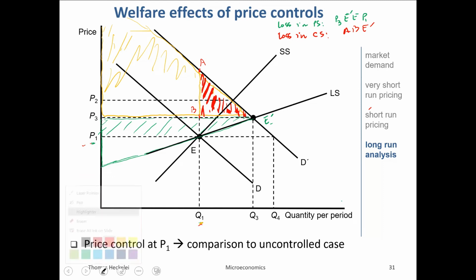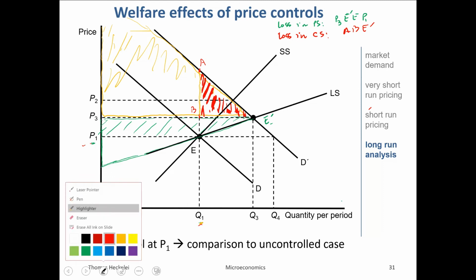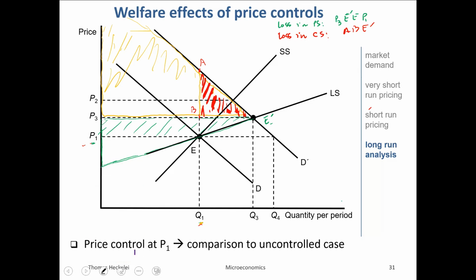Highlighter, and then let's change to this color. Okay. So this difference is what the consumer will now enjoy, right? For those who would be able to buy something from that Q1. And if you remember, but let me write it down.